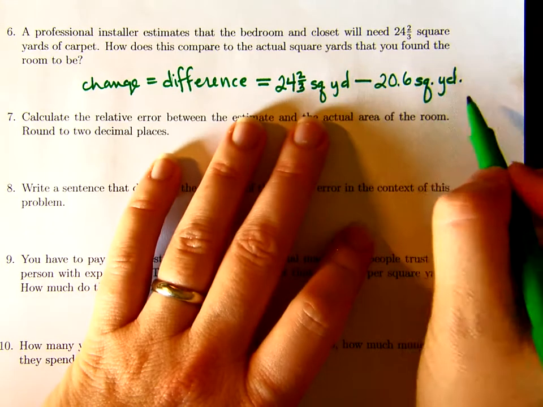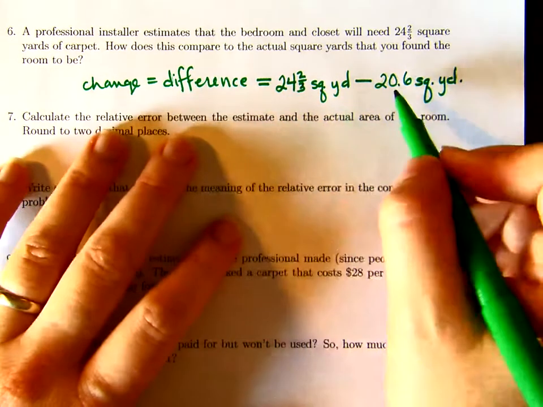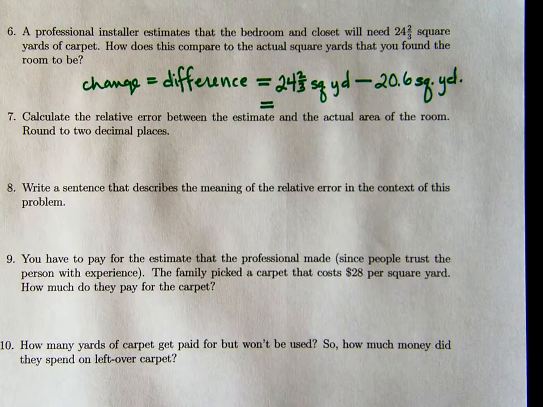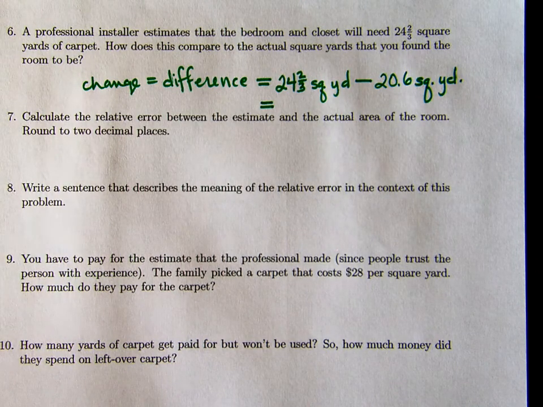And noticing that our units are the same, we're able to subtract these, and it actually makes sense in terms of units. All right, 24 plus 2/3, and then minus 20.6.